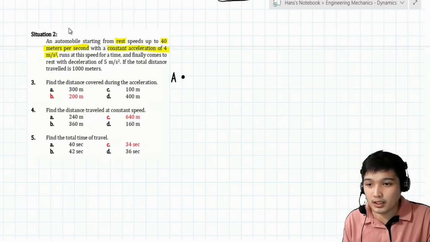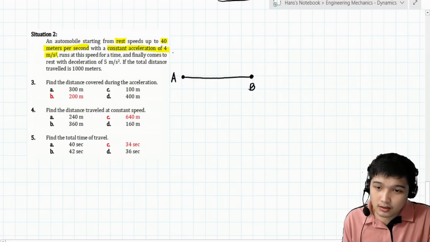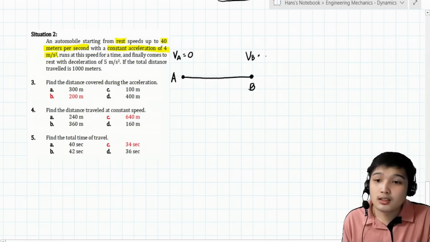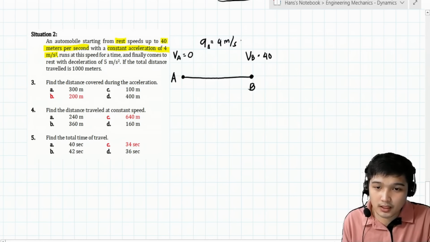So between A and some point B, let's say, this is point B, this is the path it traveled. Its initial velocity is 0. When it's at B, it becomes 40. This happened with an acceleration, let's call it A1, of 4 meters per second squared.